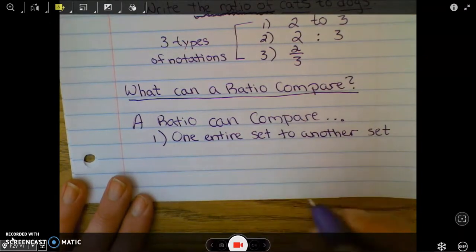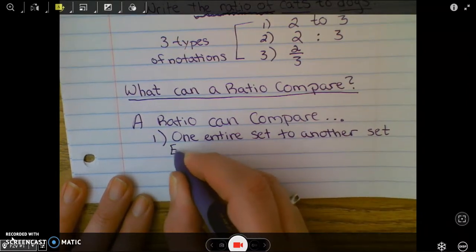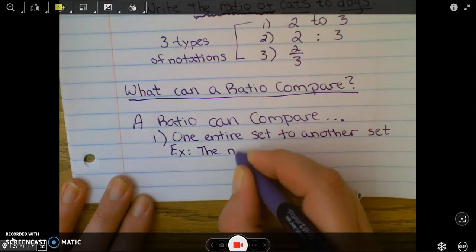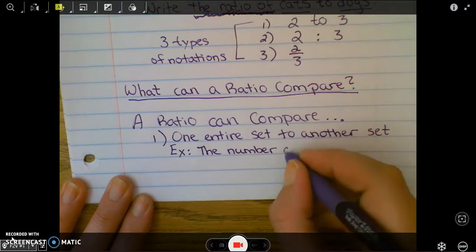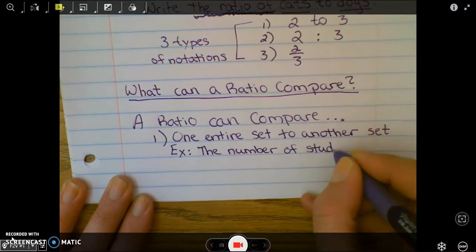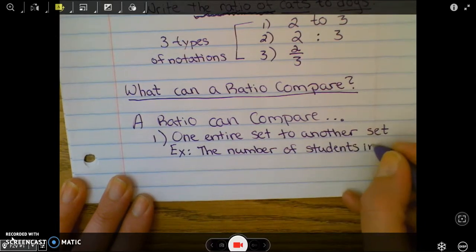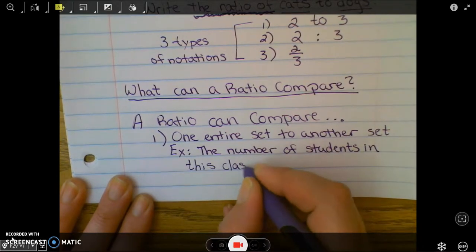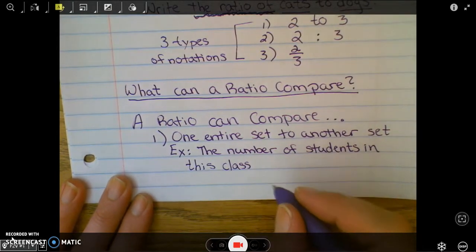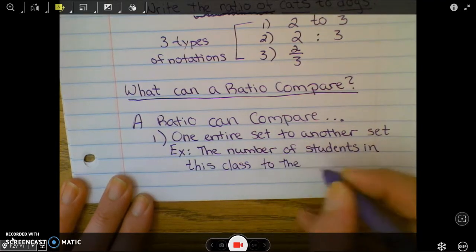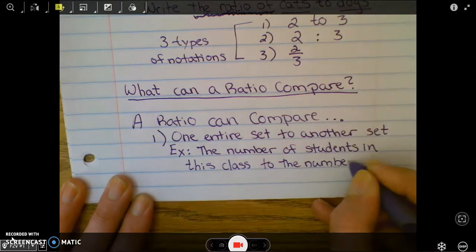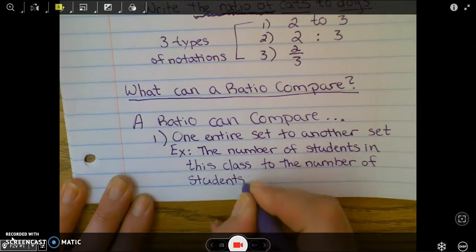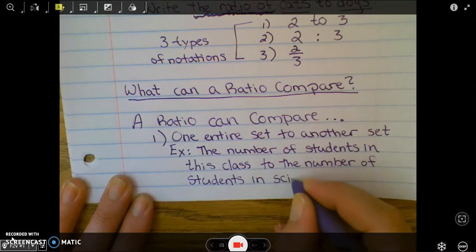An example would be the number of students in this class to the number of students in science class.